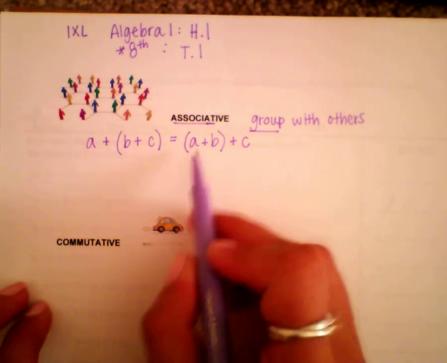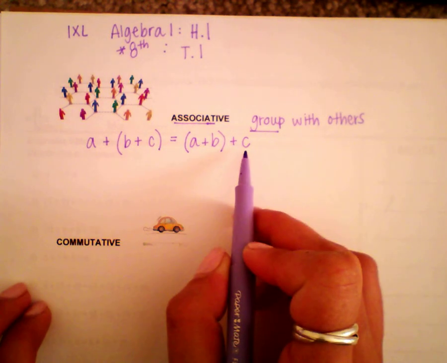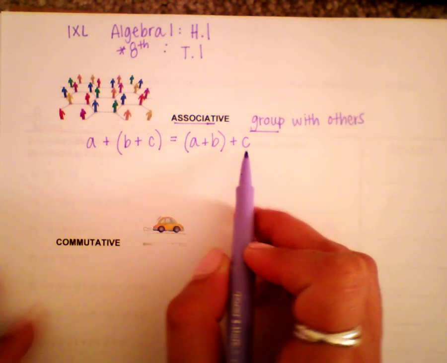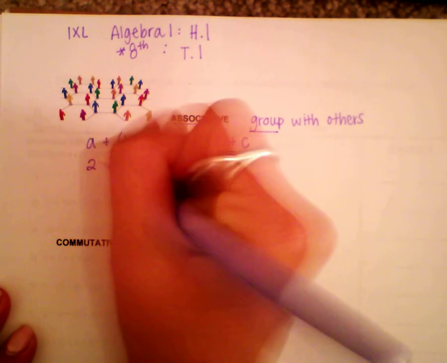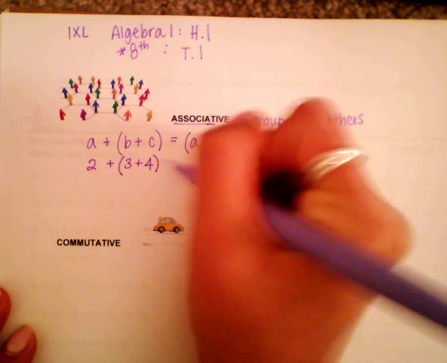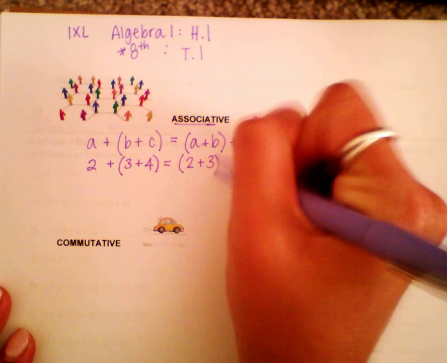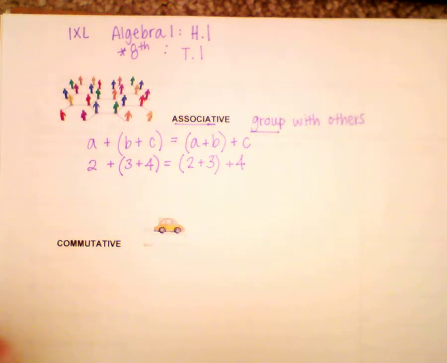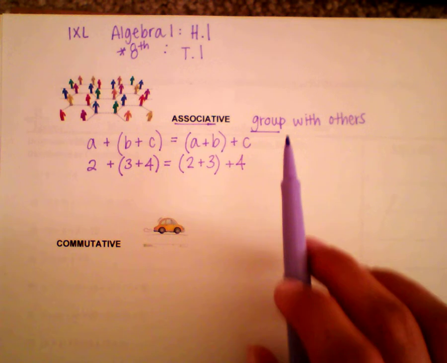Over here we have Allison and Bob work together, and Kate is alone. However, ultimately, this results in the same thing. Let's say that this was 2 plus 3 plus 4. We know that that's really the same exact thing as 2 plus 3 plus 4. Again, our big key here is associate with others, group with others.